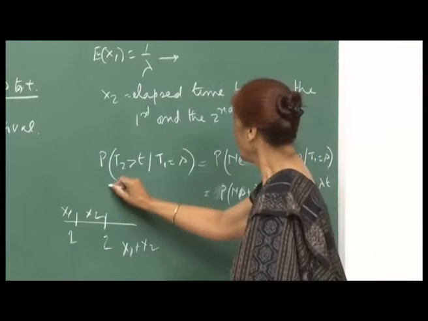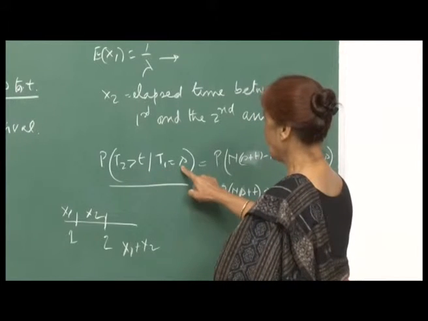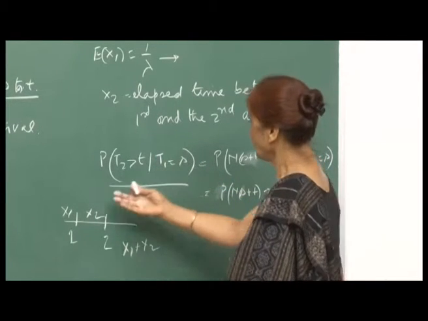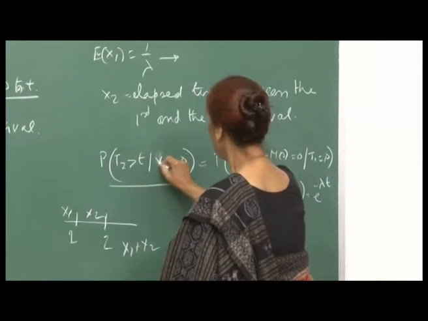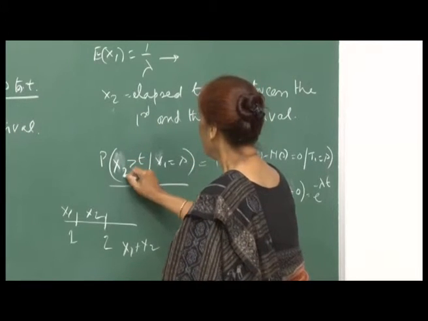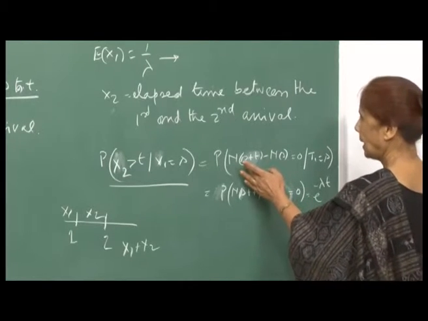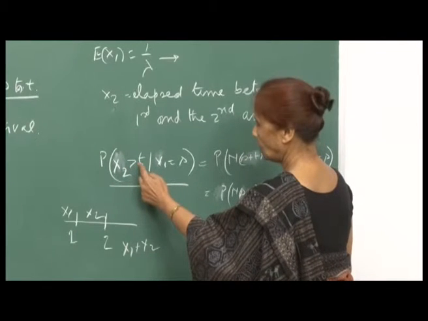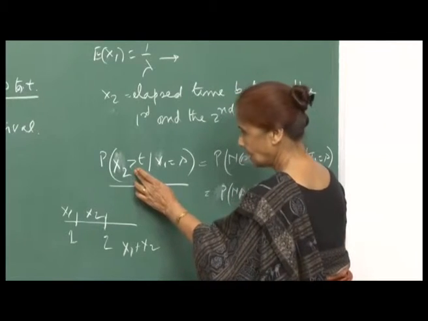Now, if you want to look at the probability that T2 is greater than t, given that T1 is s, the first arrival took place at s. We are writing T2 and T1, but I have been writing X1 and X2. It does not matter. So, this will be the probability that N(s+t) minus N(s) is 0, because the second arrival has not taken place; this length is bigger than t.